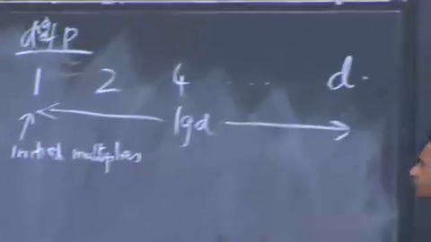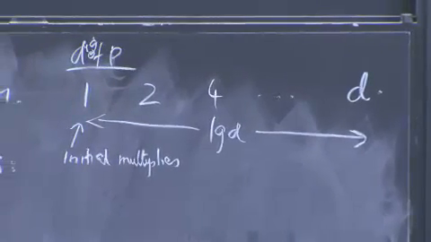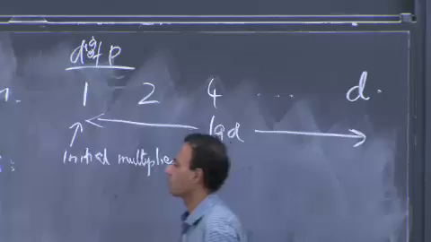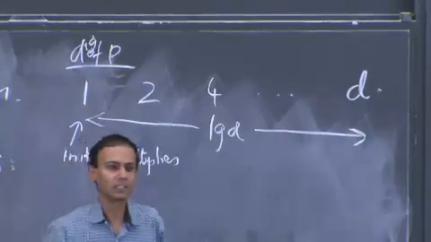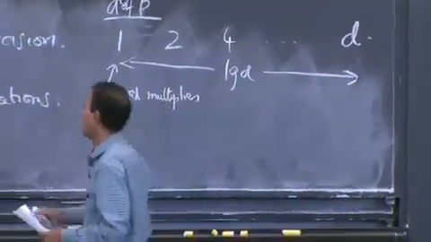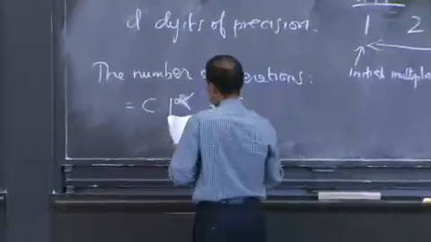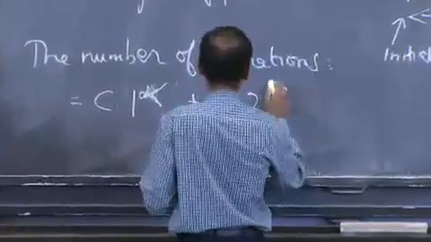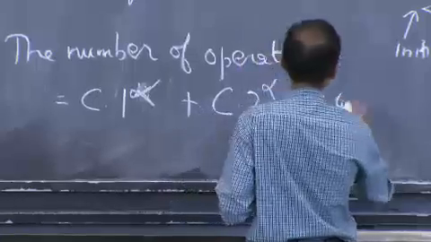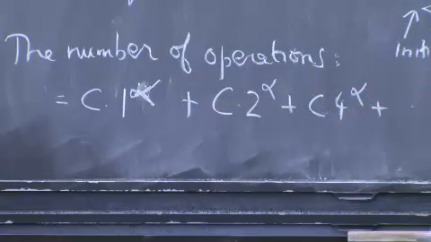Now I can imagine that for this iteration, the very first one, I have something like c times 1 raised to alpha, because it's just a single digit of precision. And the next one, I'm using the same algorithm. This is c times 2 raised to alpha, c times 4 raised to alpha.